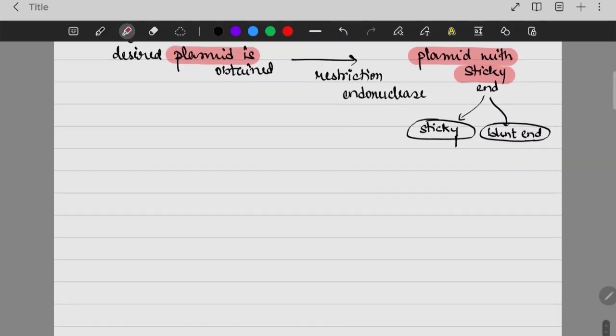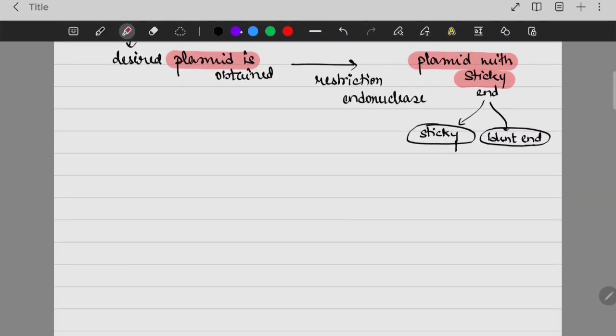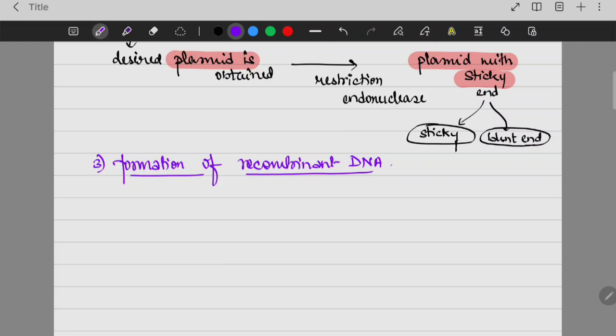Now, there is formation of the hybrid DNA, the recombinant DNA. If I draw a diagram here, think that this is a plasmid and a part of it is cut.